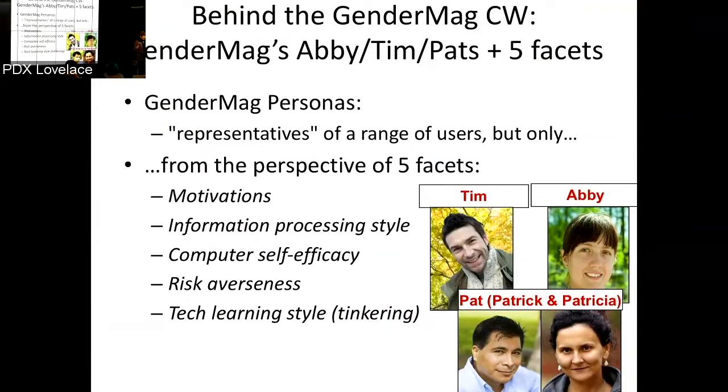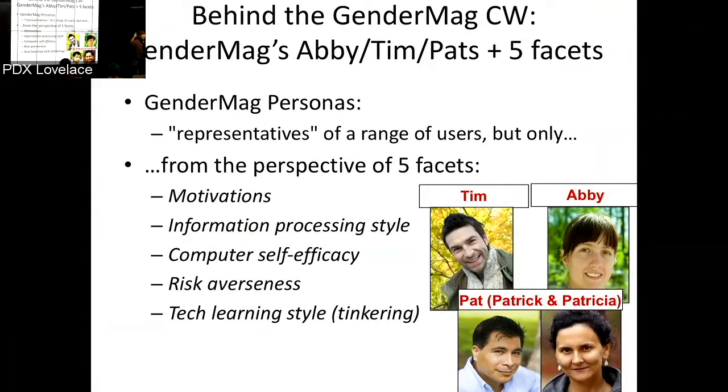So we have 4 multi-personas. Personas are fake users. Ours are fake users that represent 3 points on a spectrum of cognitive styles. Abby has the points that are over here. These points are common among women and some other people, but favored by more women than any other gender.